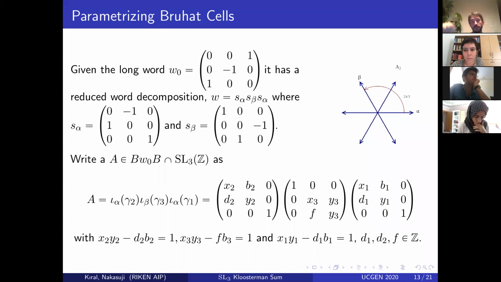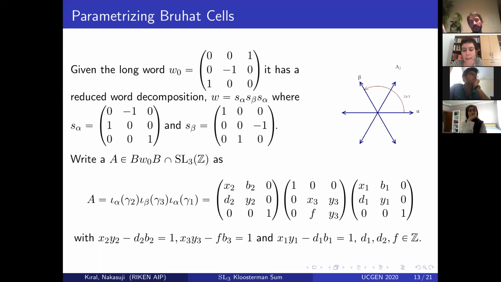you would have D1, F, 1 over D2, over D1, and then 1 over D2, F, in the sense that the diagonal follows the order of, so I wanted to have the D1 associated to the first root, the alpha root. Yes.